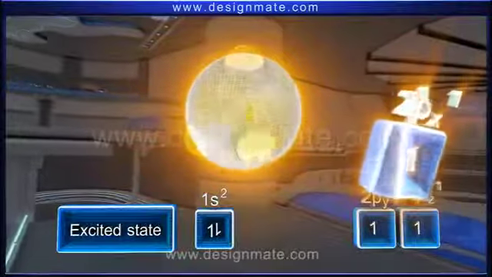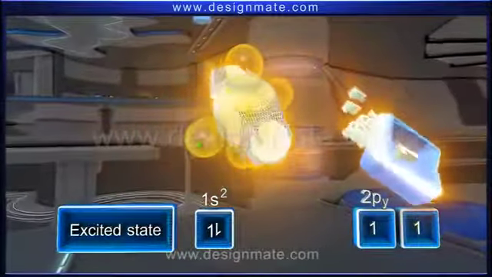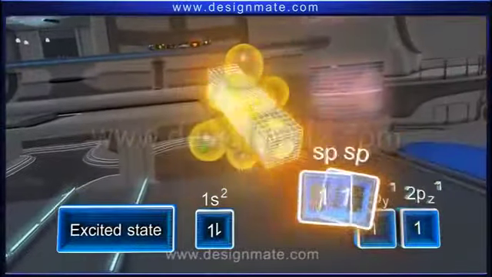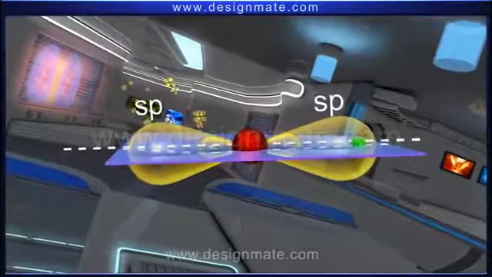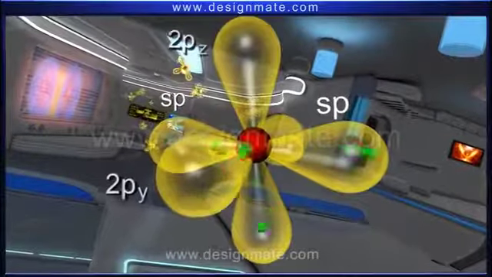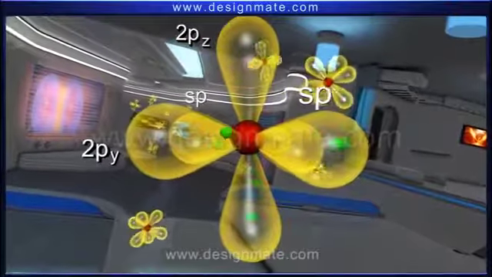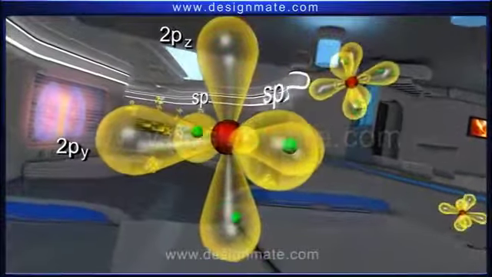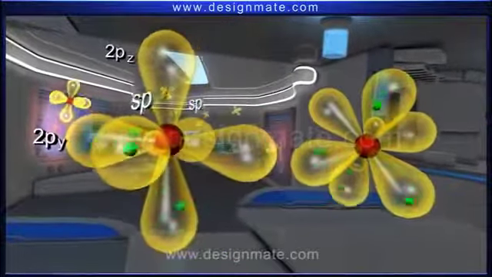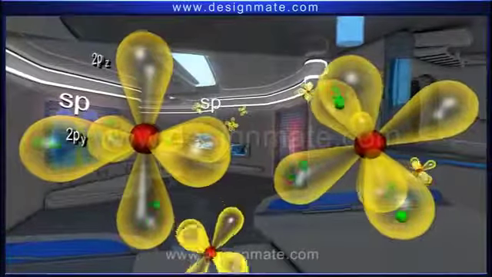Another process of intermixing, called sp hybridization, results in the formation of two sp hybrid orbitals. Now, this carbon atom is ready to combine with other atoms. Imagine another sp hybridized carbon atom approaching this carbon atom, such that the sp hybrid orbitals of the two carbon atoms face each other.